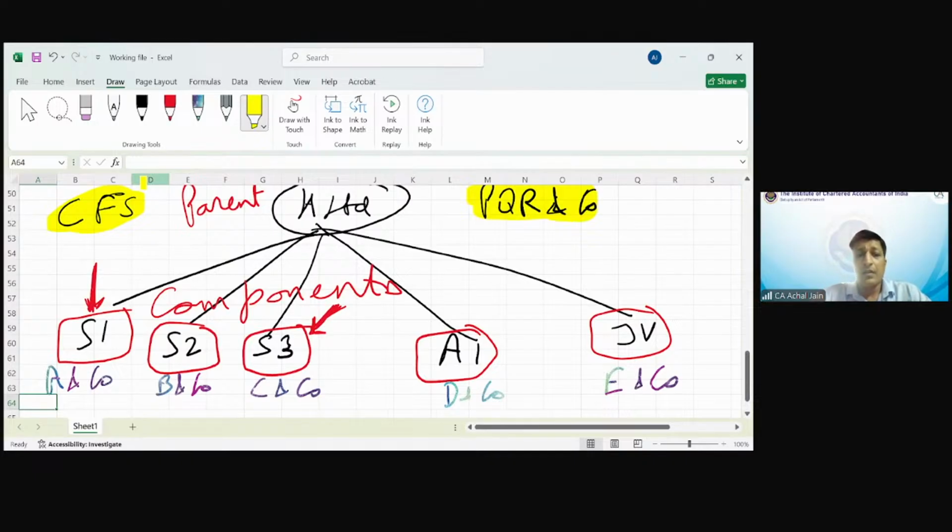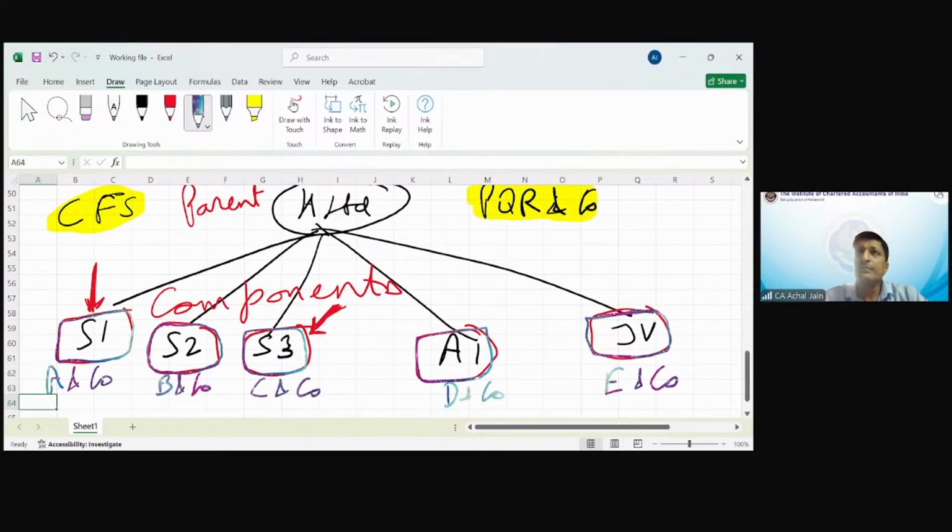Why? Because when these entities will be audited individually by the respective auditor, such materiality which the parent auditor will compute will have to be used by the component auditors.